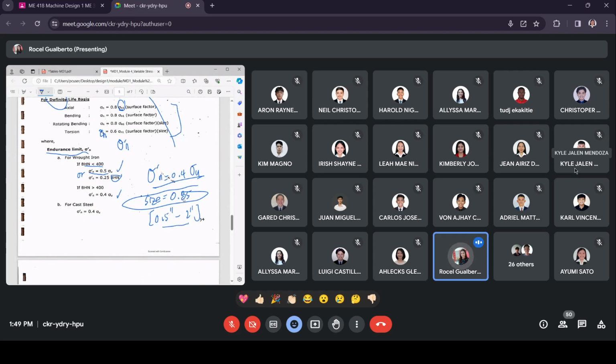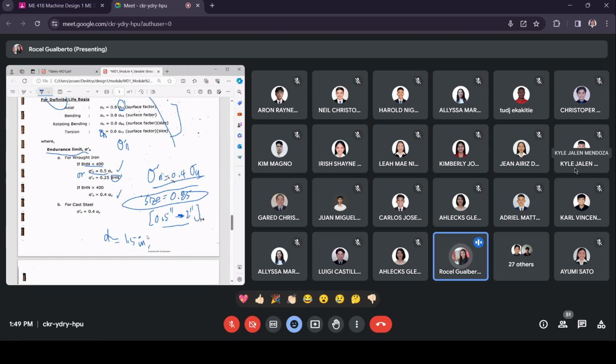Say, for example, you are looking for the diameter. Then we check if your answer conforms within this range. Say you get a diameter equal to 1.5 inches, and you compare this with the range. We see this is within the range, meaning the size factor that we use is correct.